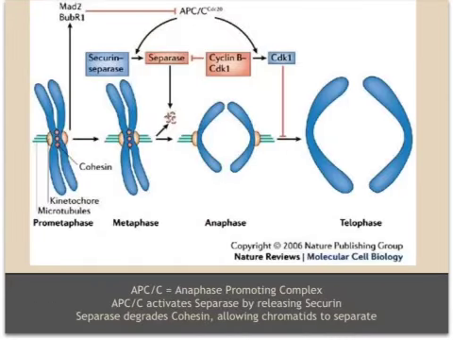As you may have guessed, usually in the cell, if there is a process that needs to take place, it usually involves proteins and enzymes. The reason those chromatids don't separate until anaphase is because there's a protein associated with them.